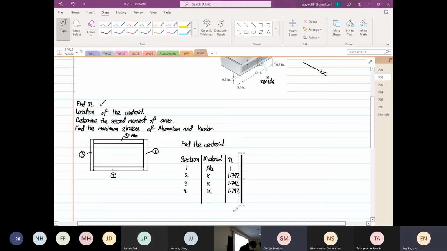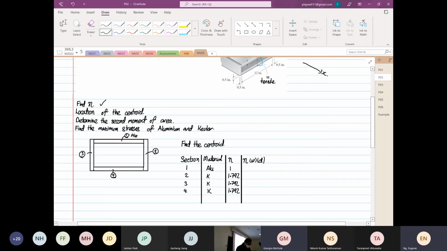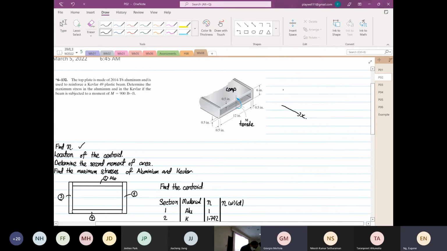Then the next one, we need to include our N, width, and depth. Right. Before we do that, I was halfway doing this while we got interrupted. This is our Y, and this is our Z. Okay.